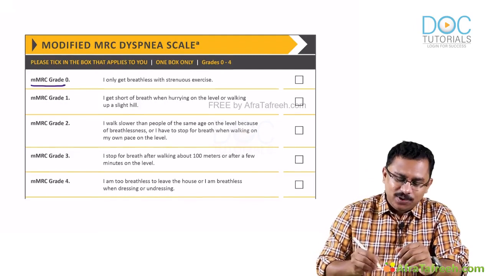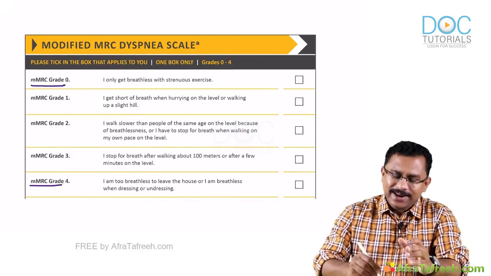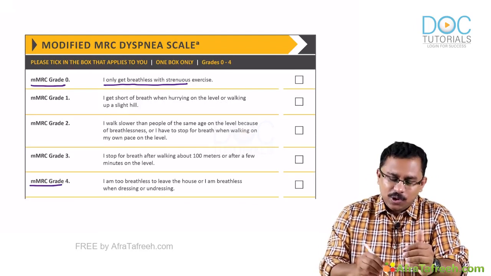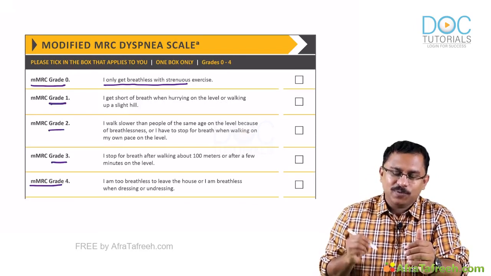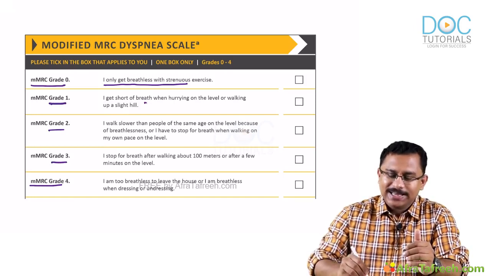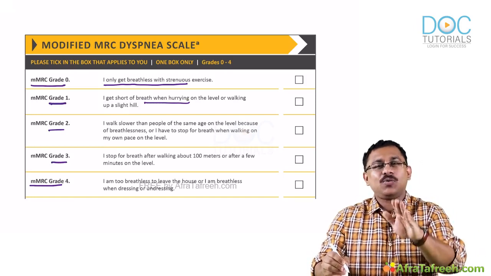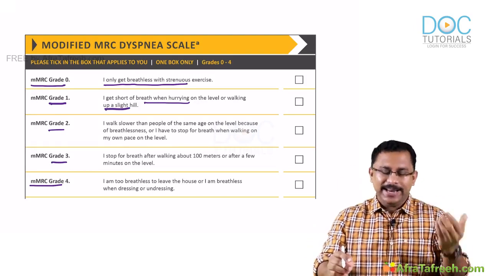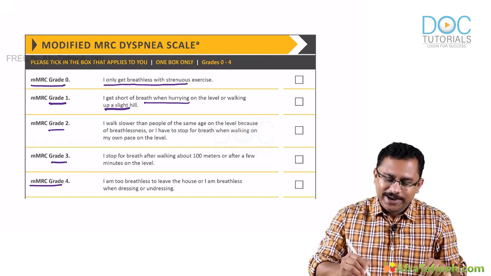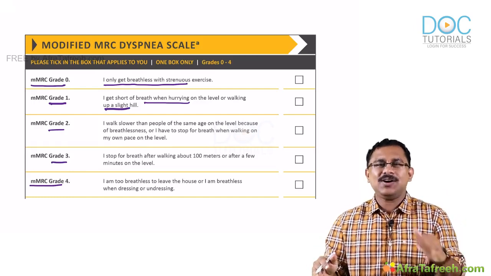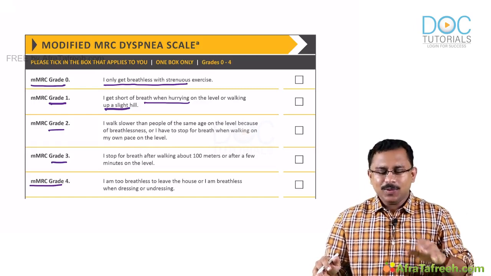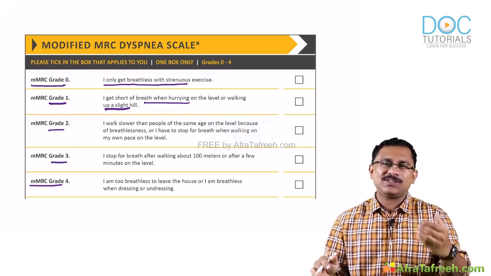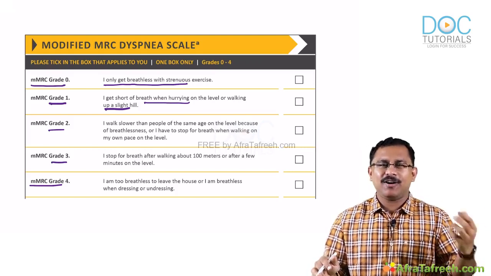So you have a grade 0 to grade 4. Grade 0 means he is getting breathless only with strenuous exercise. Grade 1 means while he is hurrying on the level ground or going up a slope, he develops breathlessness. Then you have grade 2, grade 3 and grade 4 in the increasing order of severity. Now, you need not learn this by heart for your exam because it is very unlikely that they are going to ask you what is MMRC grade 3 or 4.